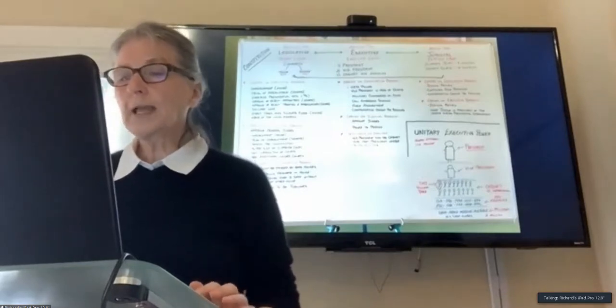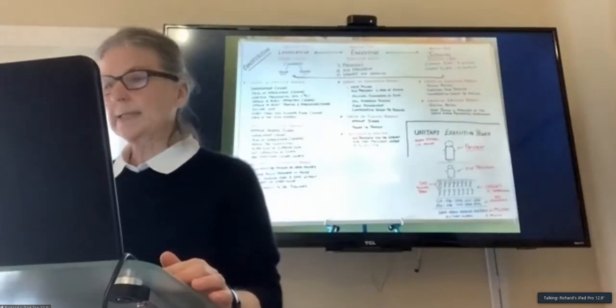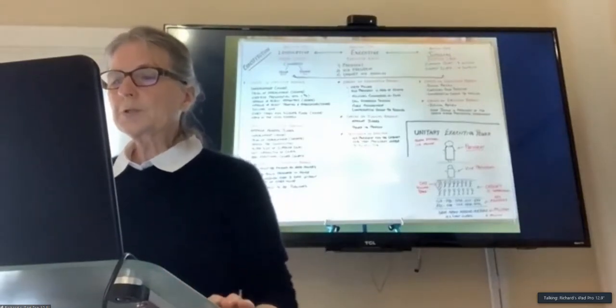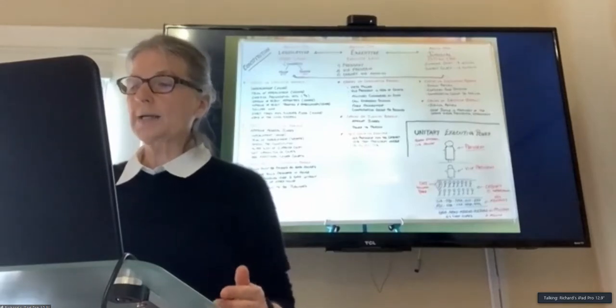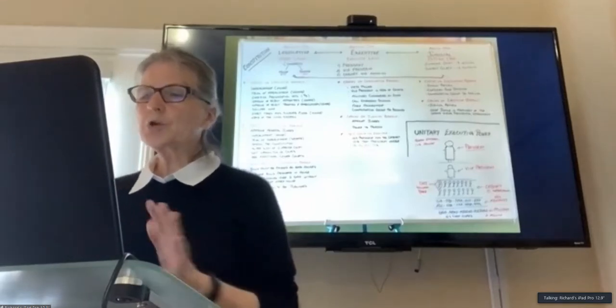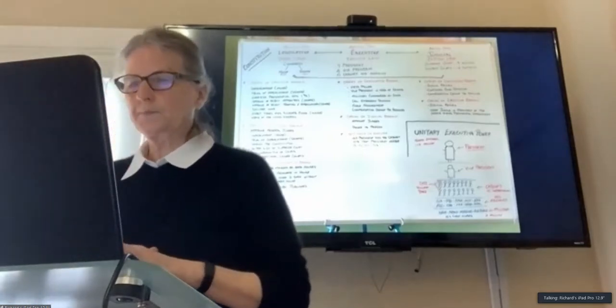I looked up habeas corpus so that I could explain what that means, because I didn't have a clear understanding myself. Literally in Latin, it means, you have the body. It's a term that represents an important right for individuals in America.